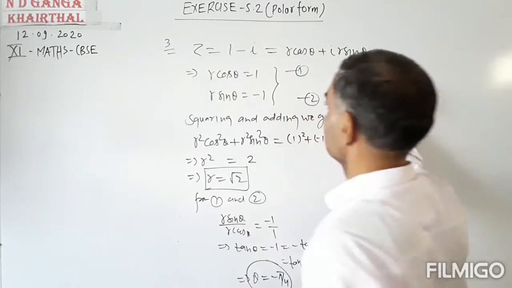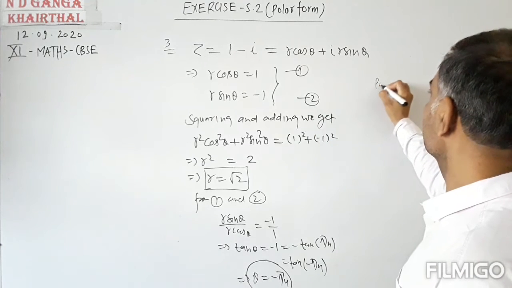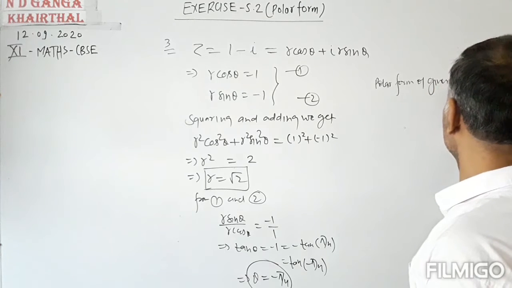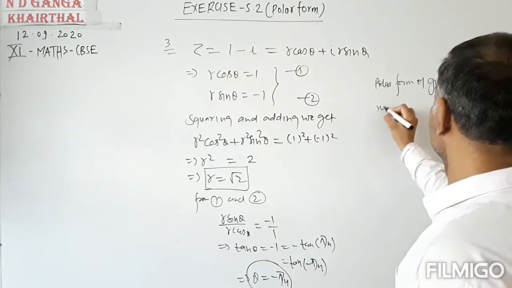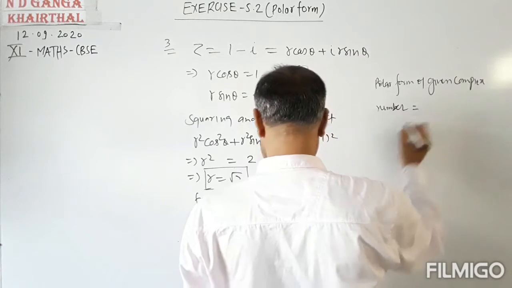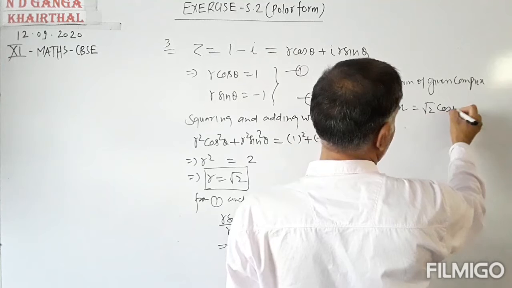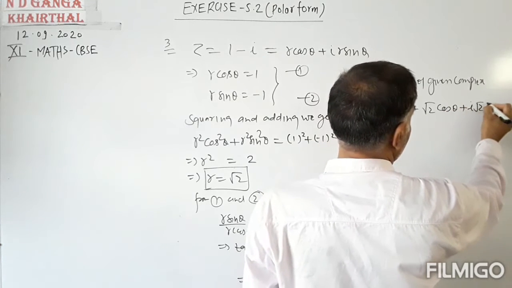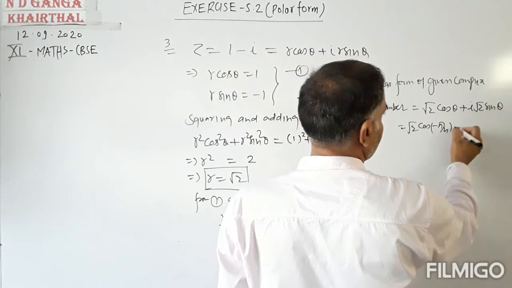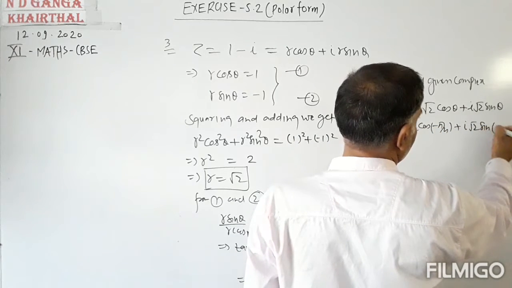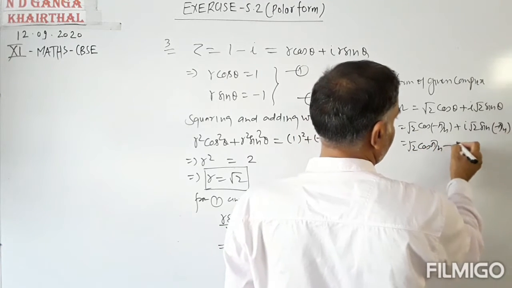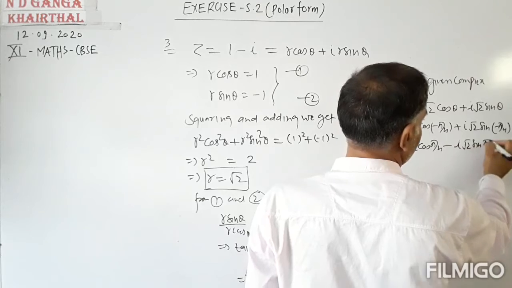Now the polar form of the given complex number is r cos theta plus iota r sin theta. Here r is under root 2, so under root 2 into cos of minus pi by 4 plus iota under root 2 into sin of minus pi by 4, equals under root 2 into cos pi by 4 minus iota under root 2 into sin pi by 4.